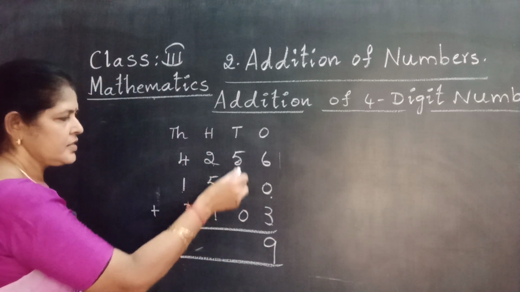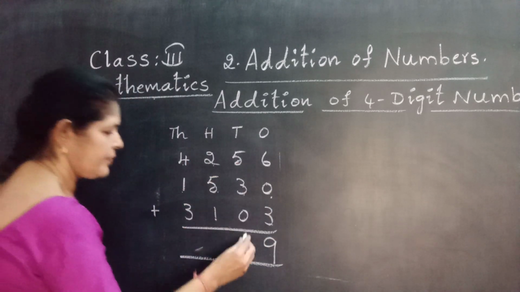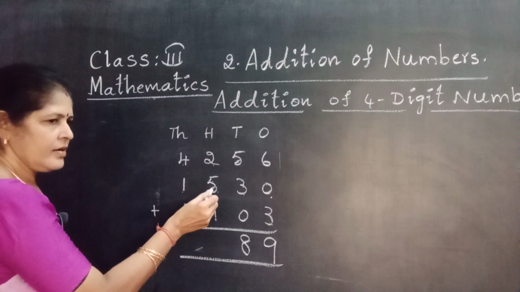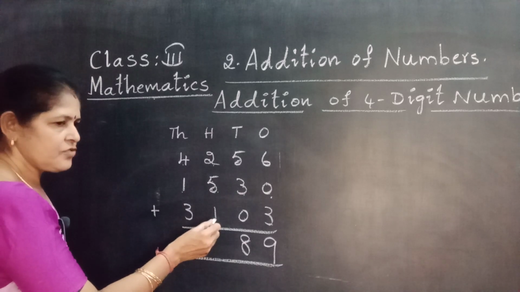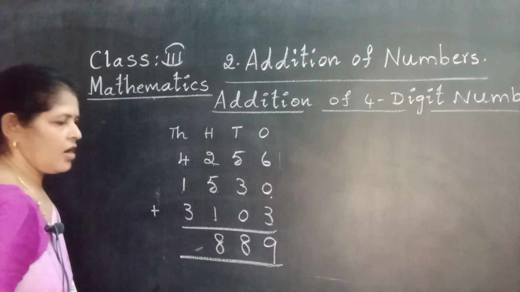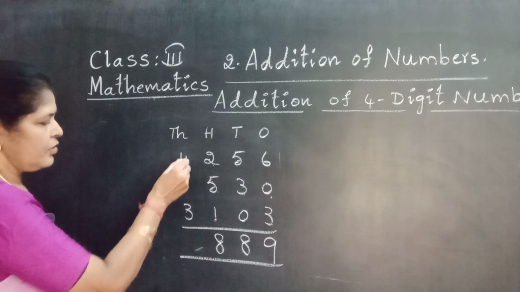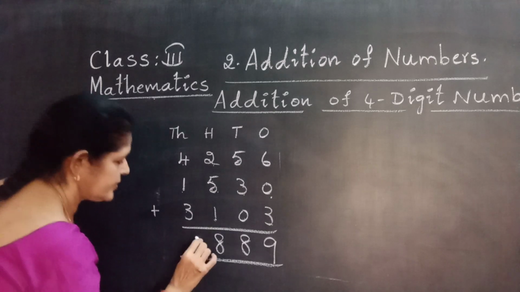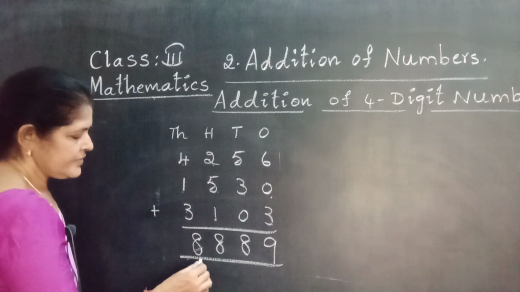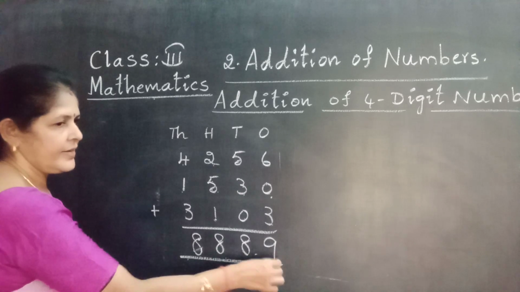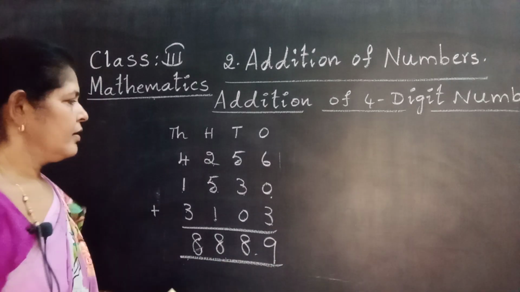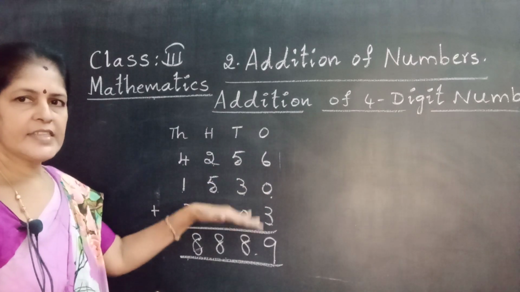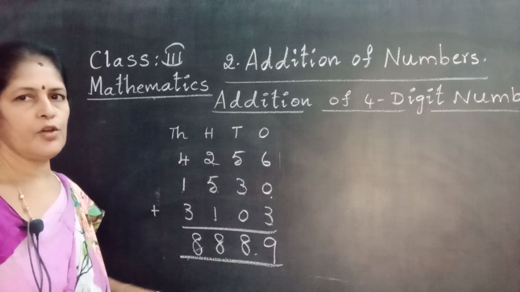Now add tens, 5 plus 3, 8, 8 plus 0, 8 only. Now adding hundreds, 2 plus 5, 7, 7 plus 1, 8, write in the hundreds column. Now adding thousands, 4 plus 1, 5, 5 plus 3, 8. The total is 8,889. We get the total by adding the given numbers. 3 lines, 4-digit numbers, without regrouping.